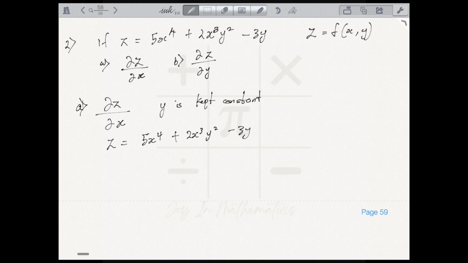In this case, we have 2y squared kept constant, and here we have 3y kept constant. So let's rewrite this to give us 2y squared x raised to power 3, and this is 3y into 1.